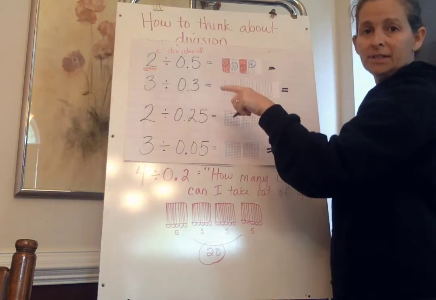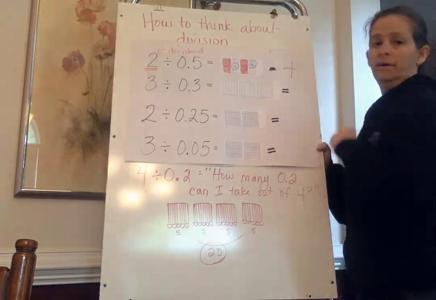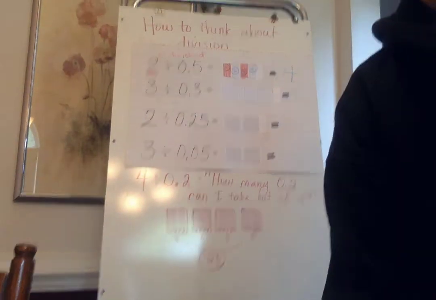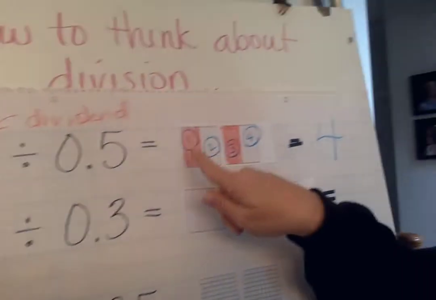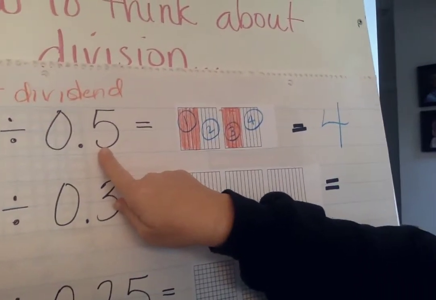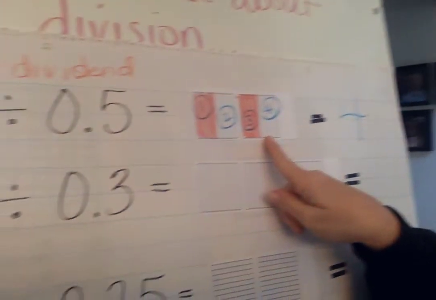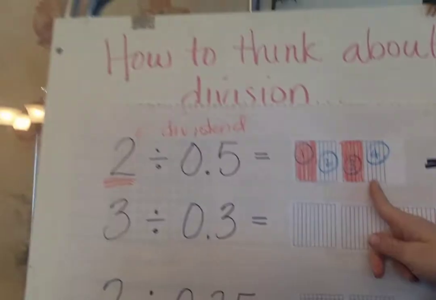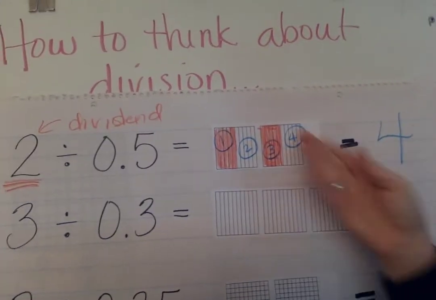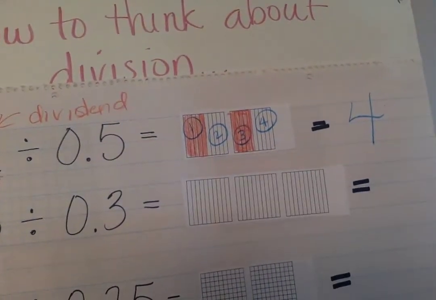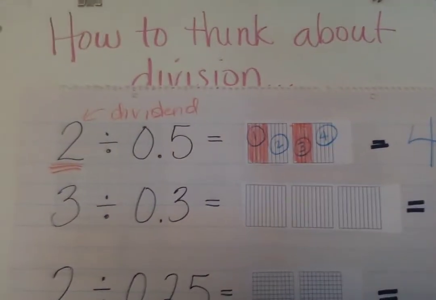So how many halves come out of 2? 4. Okay, so I took my 2 and I split it into 5/10. I shaded in 5/10 once, twice, 3, 4 times. So how many 5/10 come out of 2? 4 of them. Nothing left over. I used all of the tenths up by shading in 5/10 4 times.